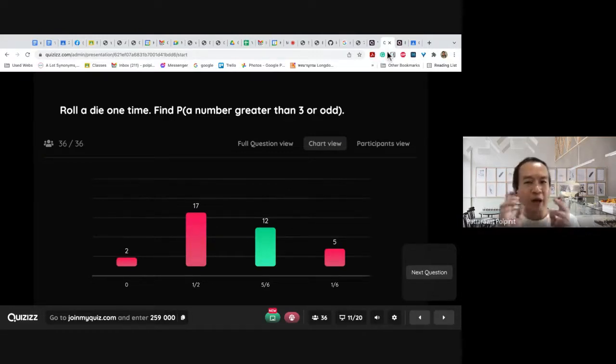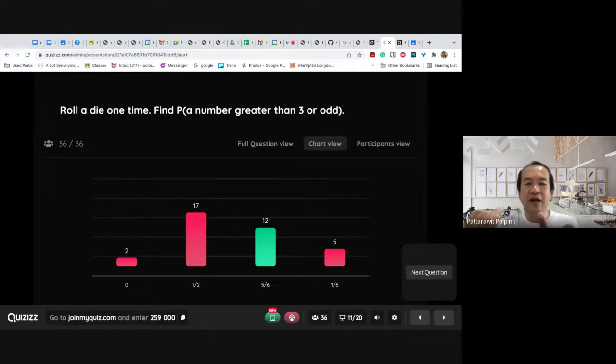So you have to start counting now. The probability's bottom number, which is the number of all possible outcomes, is always 6, right? But the top one is the event that we're interested in, in this case a number greater than 3 or odd. Greater than 3 is 4, 5, 6, right? Or odd. Odd is 1, 3, 5, right?